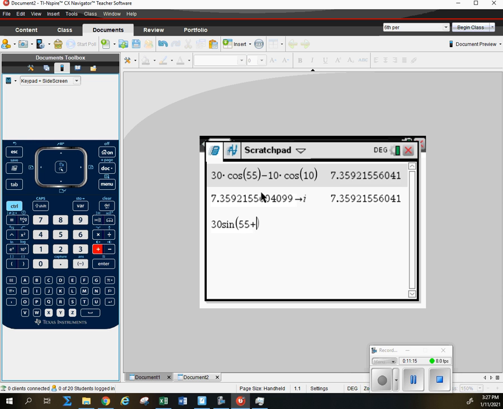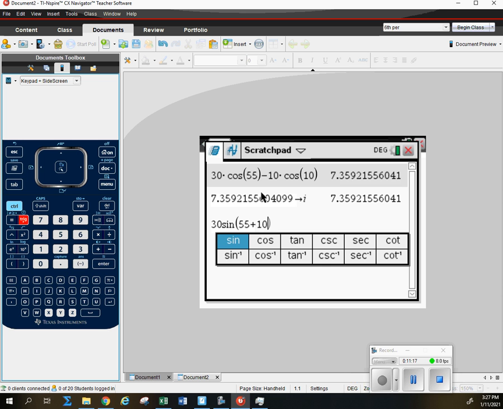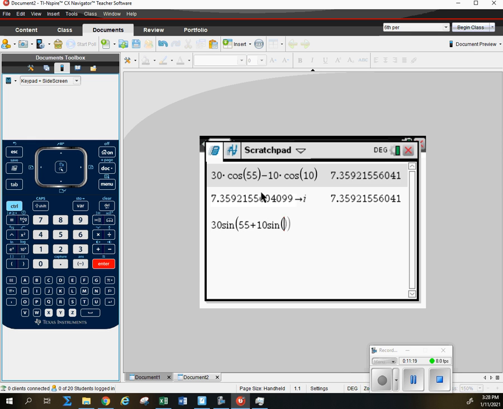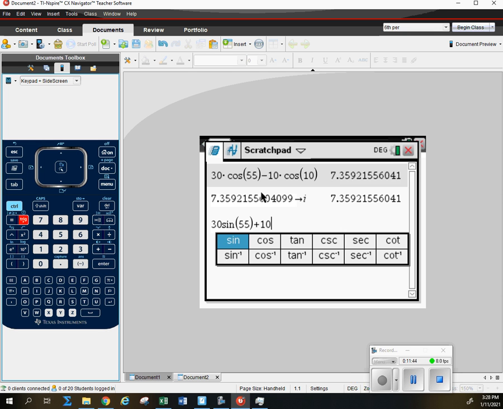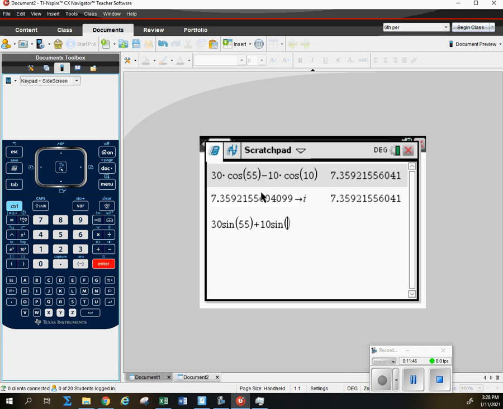If I try to then do plus 10 sine 10 degrees, that's not what I meant. I look at what I wrote, that's not going to work. That's not what I'm trying to find. So I need to backspace, so my delete button, and get rid of those things that shouldn't have been in there, and then do my space to the right to get out of it. Now I try again to do the plus 10 trig sine of 10, and enter.